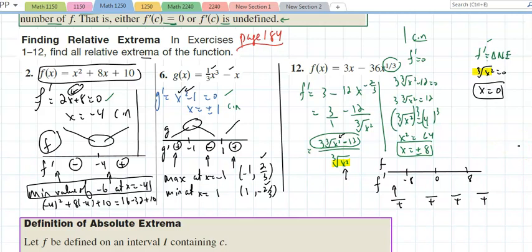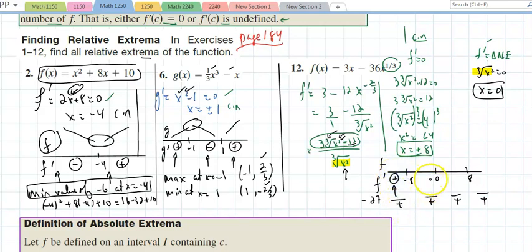The cube root of 81 would be, let me think, 81, 9 times 9. Okay, it's going to be easier to pick a test point of negative 27. Reason for that, if I cube root negative 27, I'll get a negative 3. Squared, that's a 9. Times 3, that's 27. 27 minus 12 is positive.